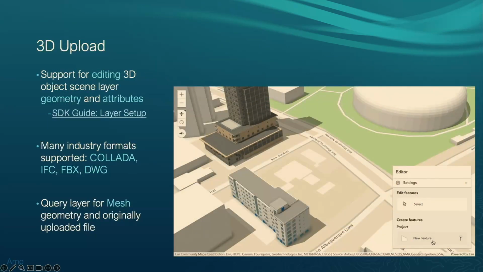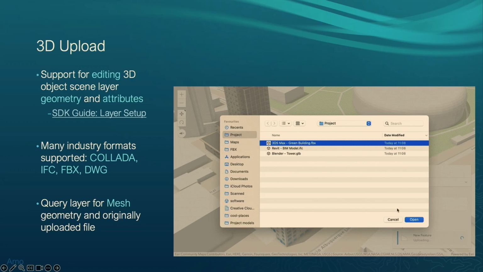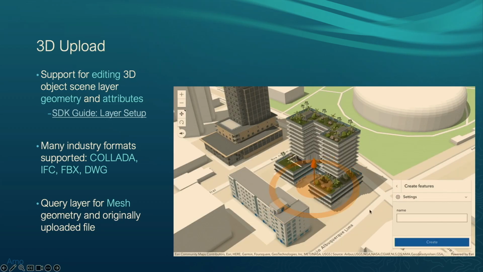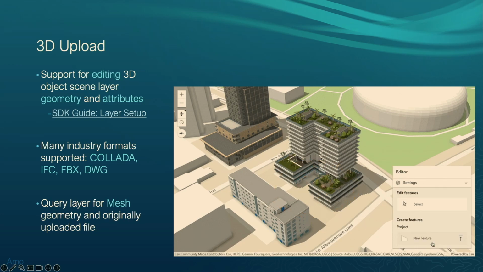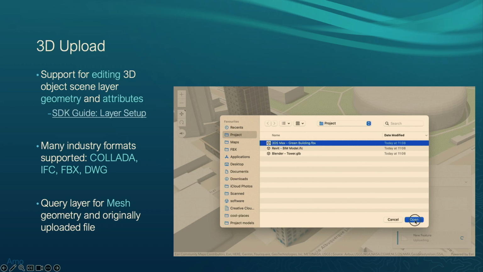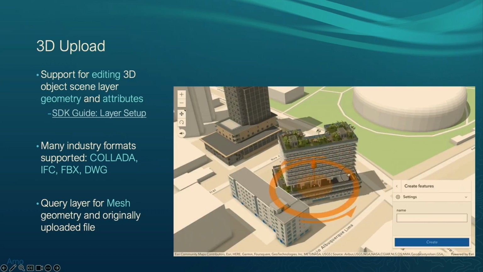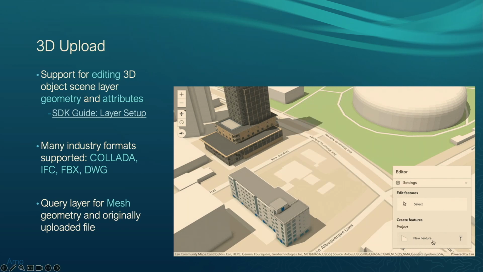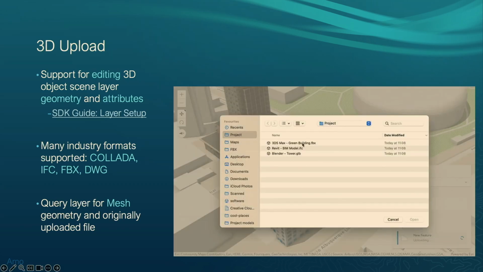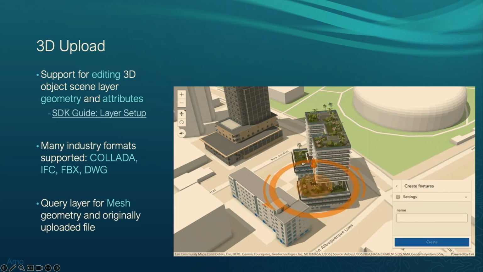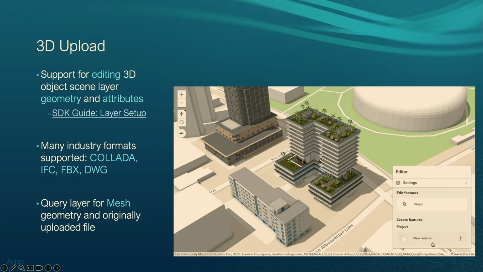Then a big topic that Sasha and Stefan presented in the plenary is the 3D upload. This has been also ongoing for the last few years. We released it in beta last year. Right now in the web, it is still in beta while we're working on some of the final topics between Web Mercator and projected coordinate systems. Make sure it works in all scenarios.